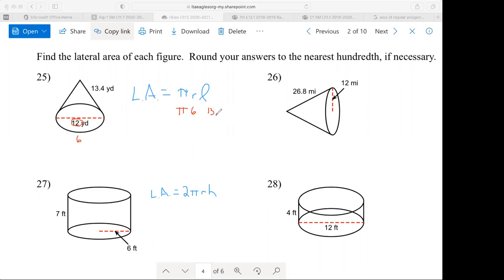So the hardest part about this entire process is just making sure you write the right formula. I mean, the calculation isn't that challenging. For the cylinder, well, 2 is 2, pi is pi. The radius is 6, and the height here is 7. All right, do both of those with your calculators.